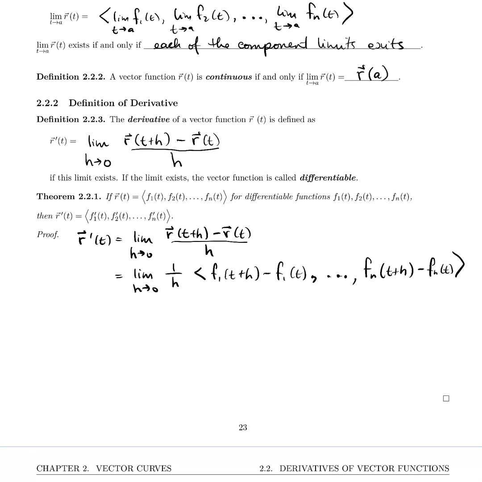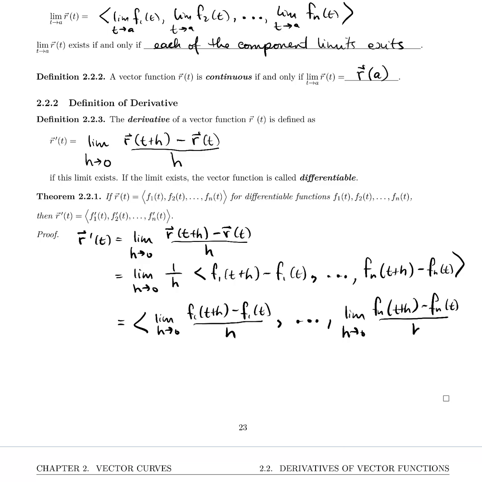Now we know we can bring the scalar, and the definition of the limit tells us we can bring in the limit as well. In other words, we have the limit as h goes to 0 of f1 of t plus h minus f1 of t all over h. And you have that for each of the components. So we have that all the way up to the limit as h goes to 0 of f sub n of t plus h minus f sub n of t over h.